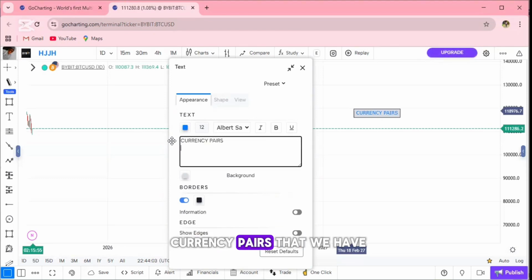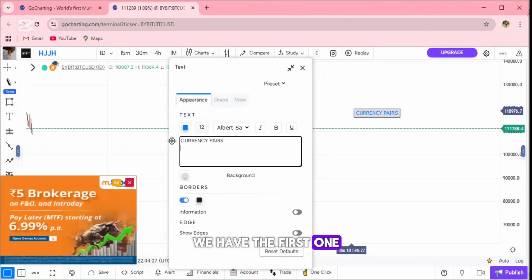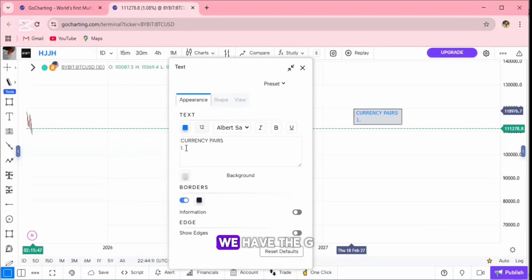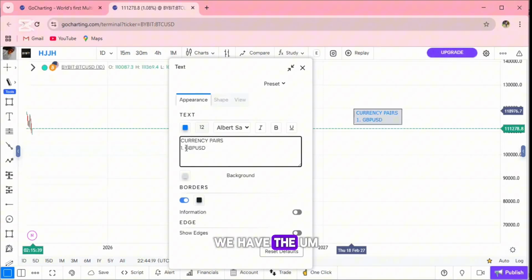So what are the currency pairs that we have? We have the first one, the GBP/USD. We have the EUR/JPY. We have the USD/CAD.